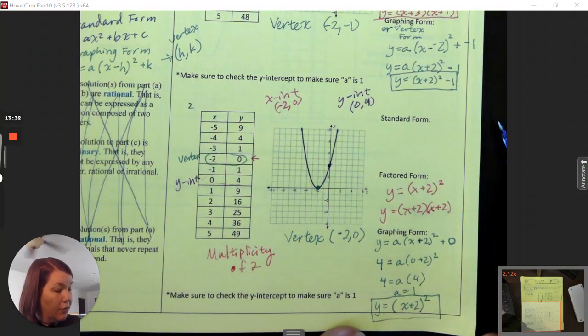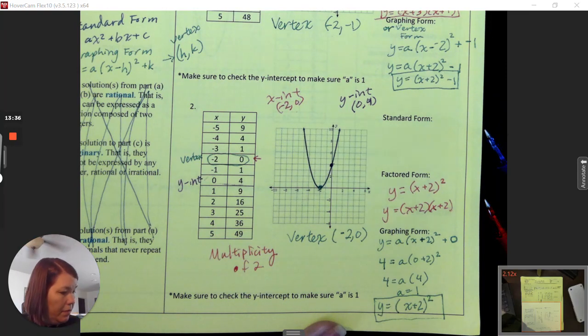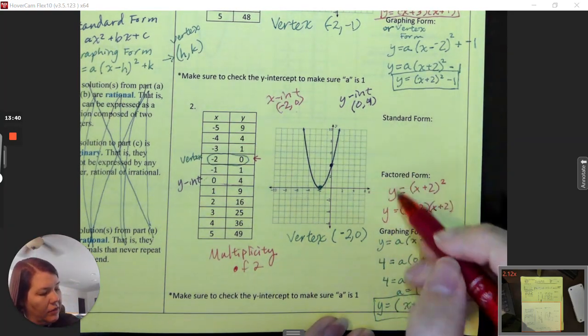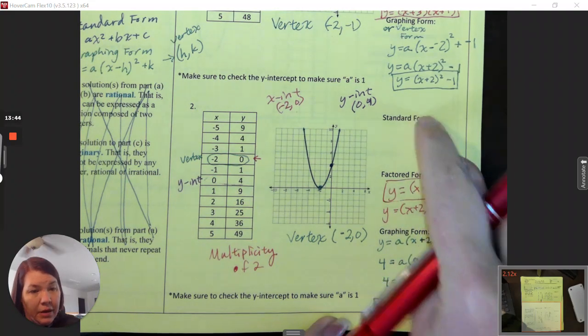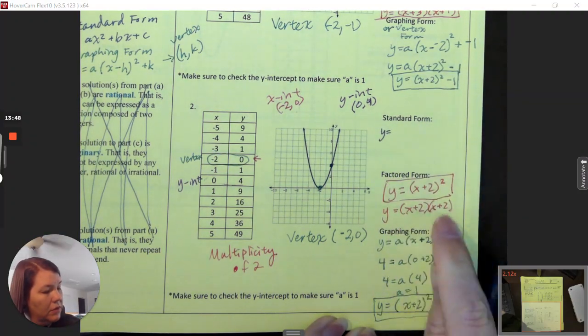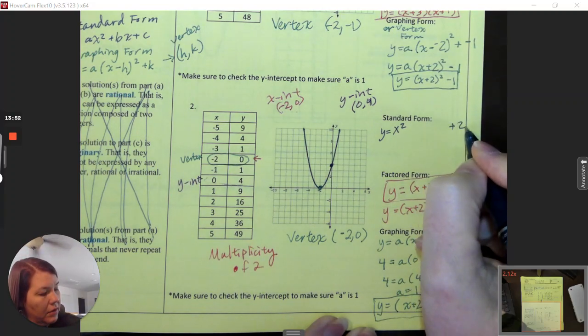Standard form, we're going to just take and expand that. Oh, let me put, I like this one better, so I will put this one in a box. But it's easier to use this one to get back here. Y equals, square on the left, square on the right. 2 times 2 is 4.